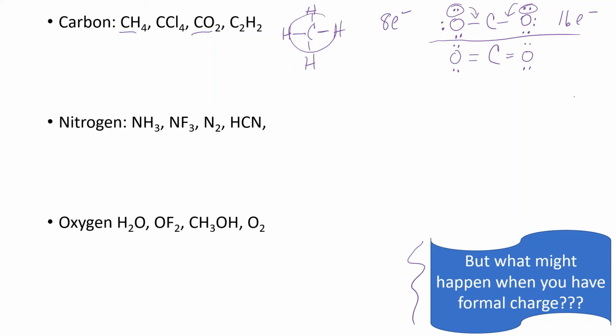We said oxygen likes to have 2 bonds and 2 lone pairs. So look at the beauty of that. Not only is this honoring the number of valence electrons that we need, it is also honoring the octet rule everywhere. Carbon has 4 bonds, oxygen has 2 bonds, oxygen has 2 lone pairs. This is a valid Lewis structure.